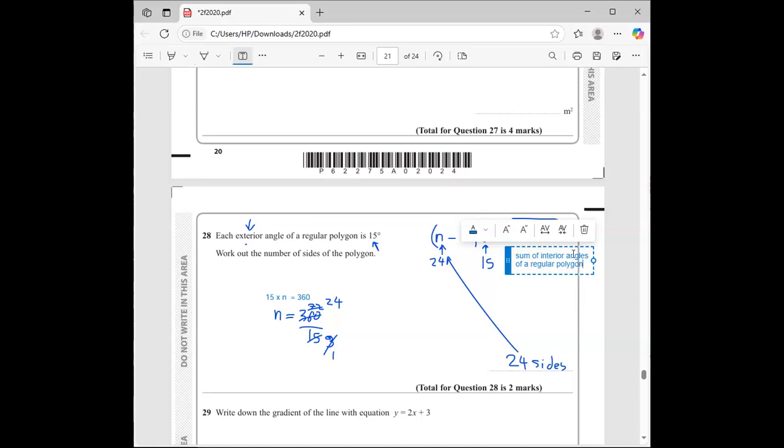All right, so these are the two things the question can say.